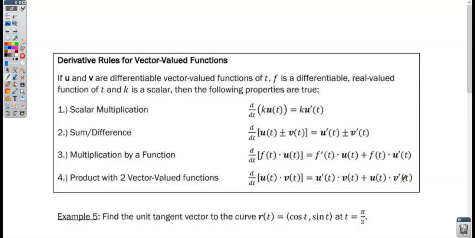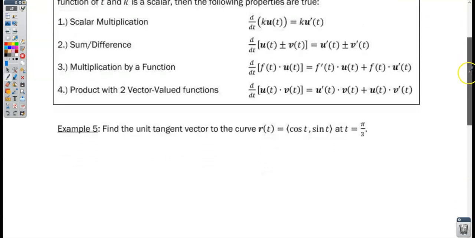All right. Let's go ahead and look at example 5 here. Example 5 says, let's find the unit tangent vector to the curve r of t equals cosine of t, sine of t at t equals pi over 3. So first thing I'm going to do is find the derivative vector.